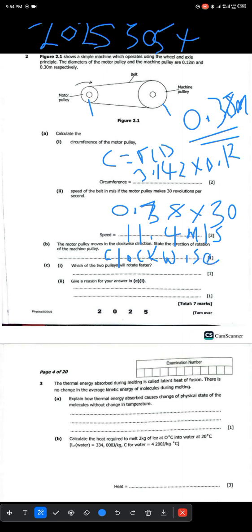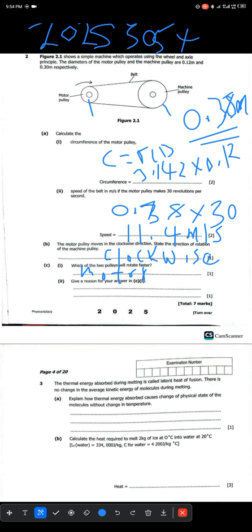And let's see, if they are in the opposite direction, which of the two pulleys will rotate faster? In this case, the pulley which will rotate faster is the one which has the small diameter, which is the motor pulley. So the answer is the motor pulley.